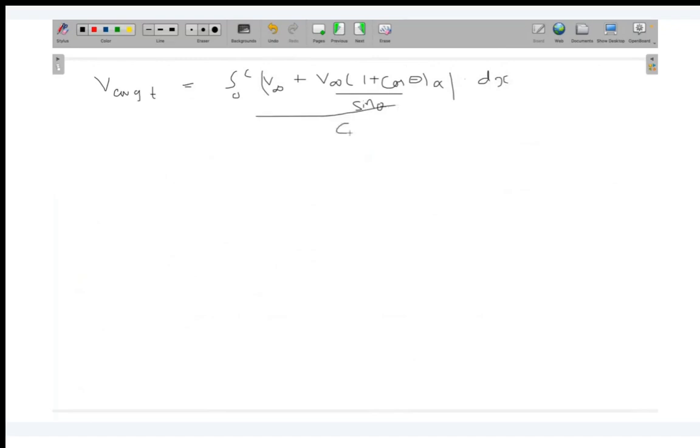Now they've given you x equals c by 2 into 1 minus cos theta, right? So if I find dx, it would be nothing but dx equals c by 2 into sine theta into d theta.